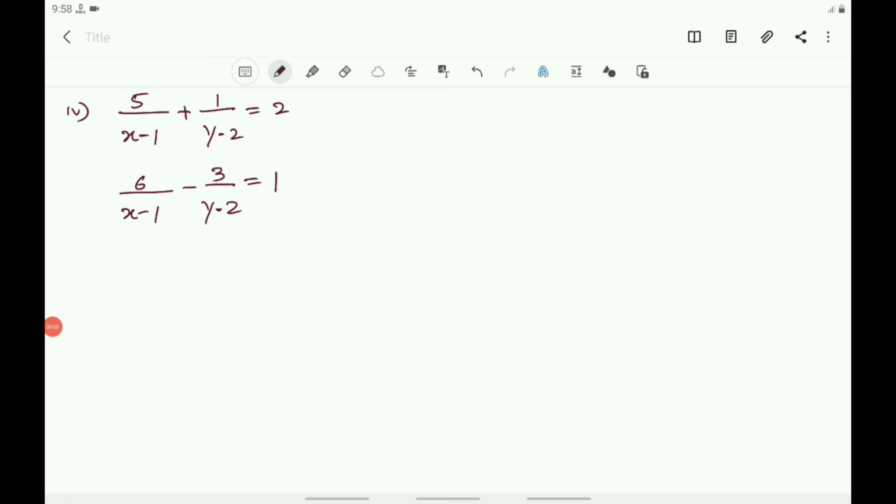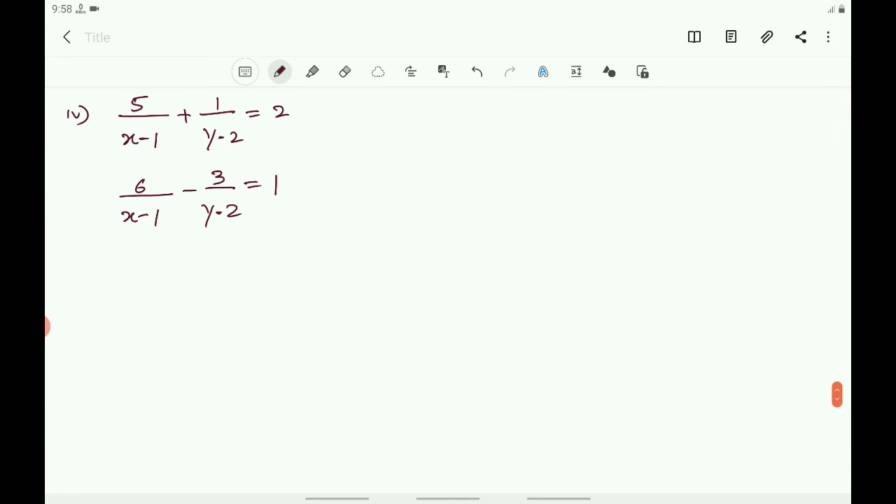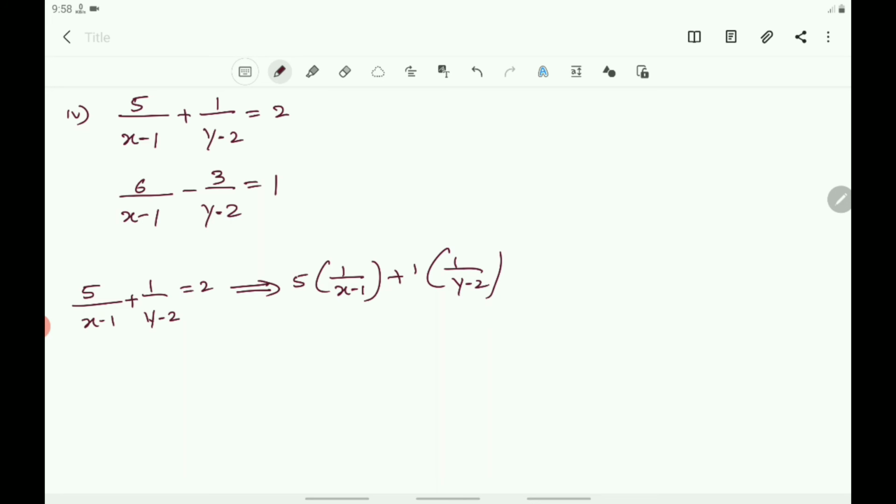Now you take the fourth question, that is 5 by x minus 1 plus 1 by y minus 2 is equals to 2, and 6 by x minus 1 minus 3 by y minus 2 is equals to 1. So you take the first one, 5 by x minus 1 plus 1 by y minus 2 is equals to 2. Now you write it as 5 into 1 by x minus 1 plus 1 into 1 by y minus 2 equals 2.